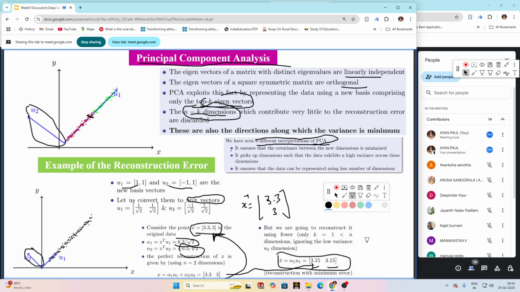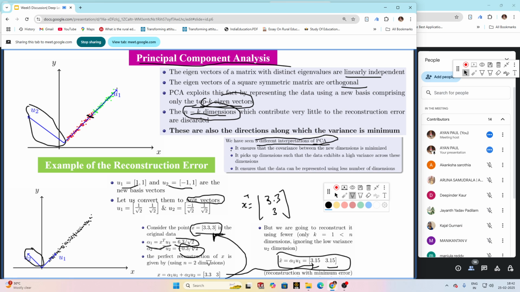Sir, here first, for alpha 1 we have taken x transpose into u1. But here the x bar value, we are changing the x bar value and taking it as alpha 1 and u1, sir.